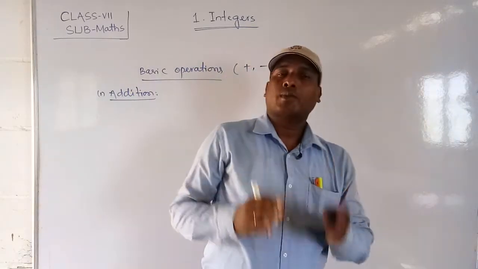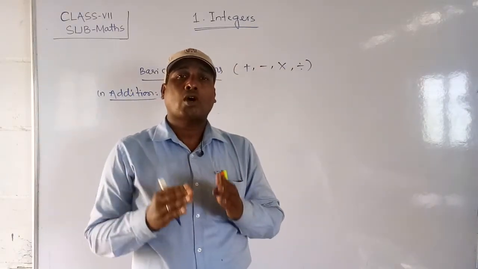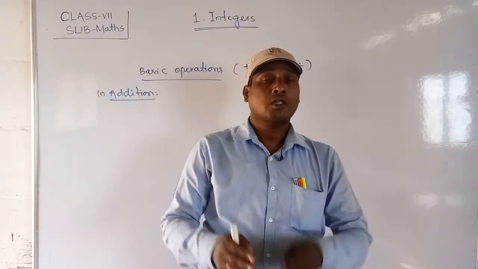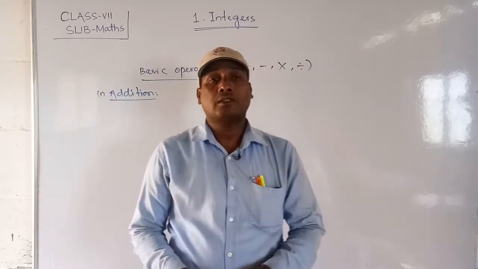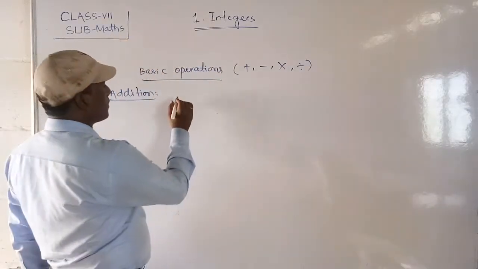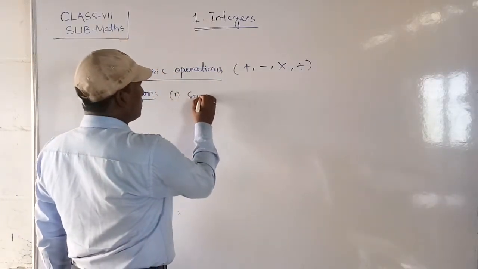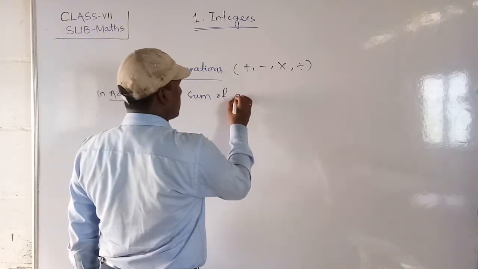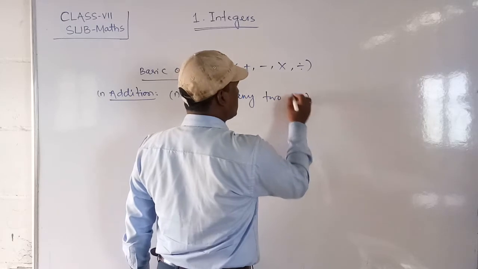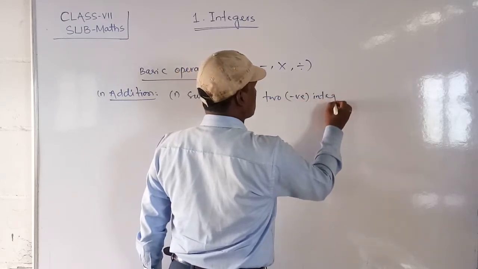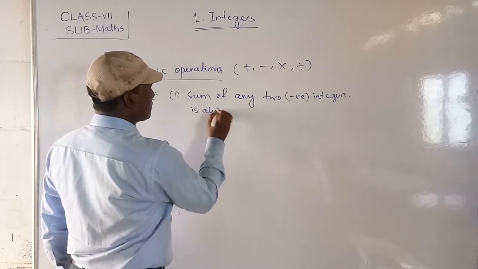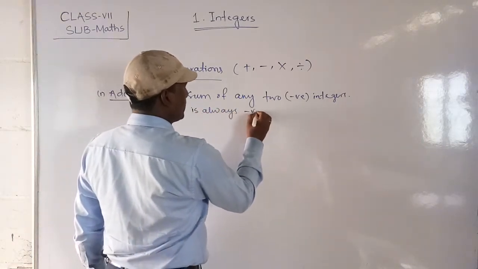Students, just remember that the sum of two negative integers is always negative. Remember that. The first condition we can write: the sum of any two negative integers is always negative.